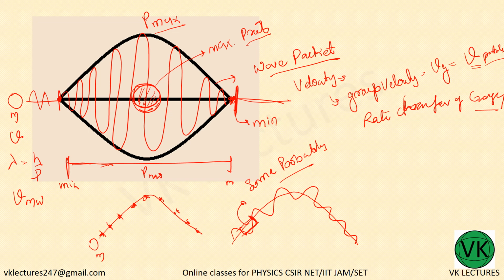So the probability of finding the particle will be maximum at the middle of the interference, and it decreases along both sides. It need not always be this way. For a different wave function it will be different. But in this case the probability of finding the particle is maximum at this point where constructive interference takes place.